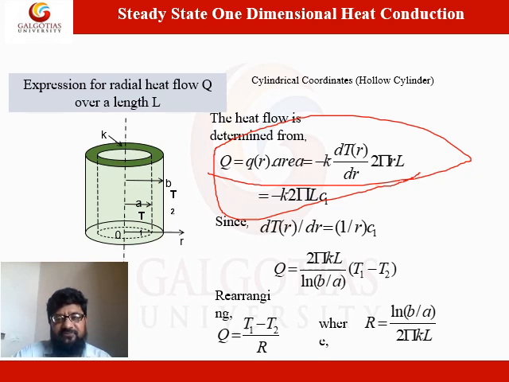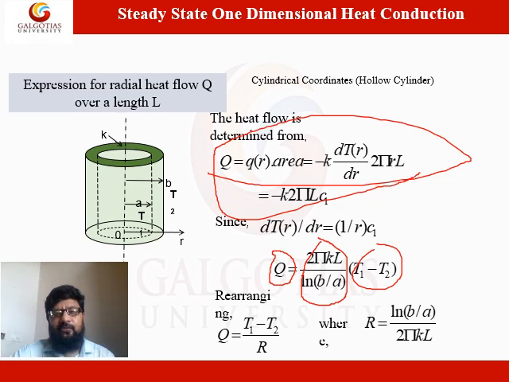Rearranging, we will get the thermal resistance, because by electrical analogy this is I, this is del V, and the rest of the term is 1 by R. In this manner we can calculate the equivalent thermal resistance of any system in which steady state heat transfer is conducting.